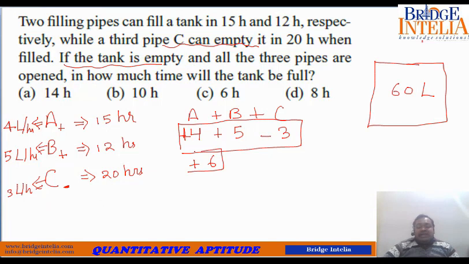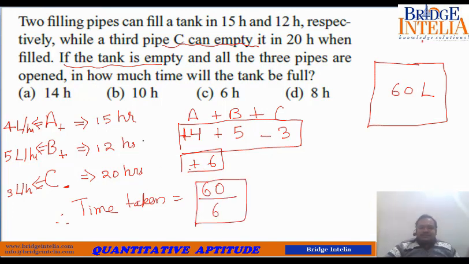Meaning effectively speaking, if all the 3 pipes are kept open, in 1 hour only 6 liters of water will accumulate in the tank. Therefore, time taken to fill the tank: the volume is 60 liters and water is accumulating at a rate of 6 liters per hour. So 60 by 6, 10 hours of time is required.